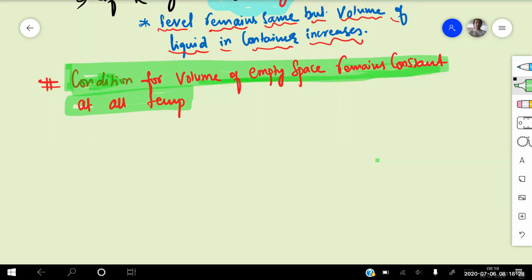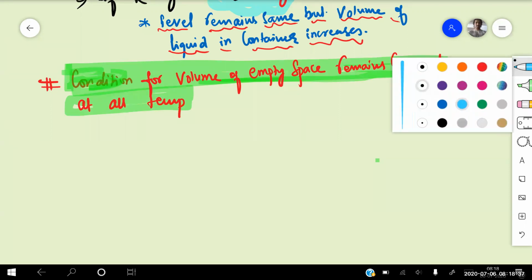Okay, so what is the condition right now for this one? Condition for the volume of your empty space remaining constant at all temperatures. Okay, let's see.